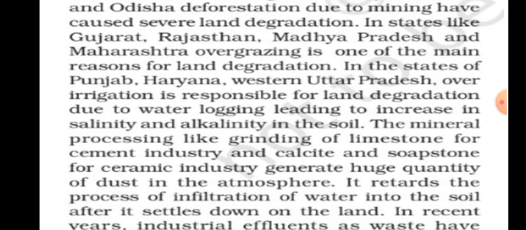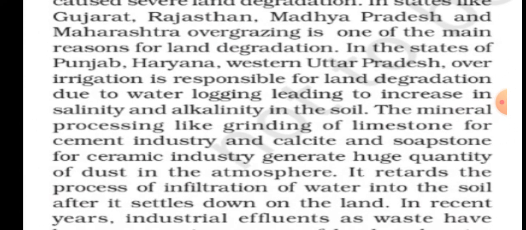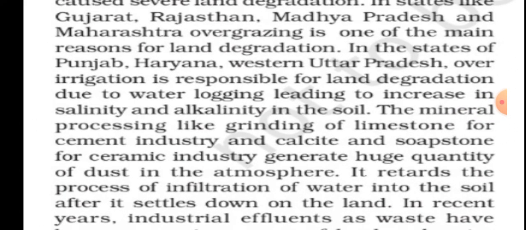Here, the nutrients of the soil are washed away due to water logging. Water is stagnant in the region. It is leaching. It is leading to an increase in the salinity and alkalinity in the soil.